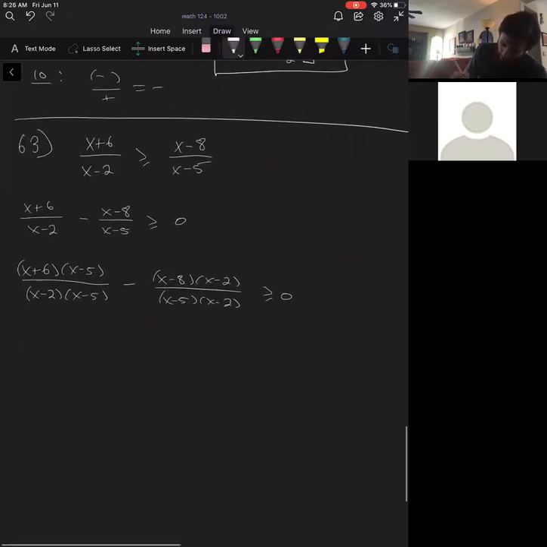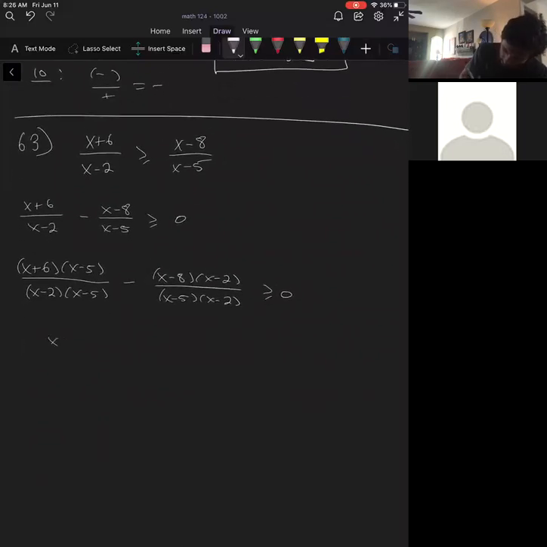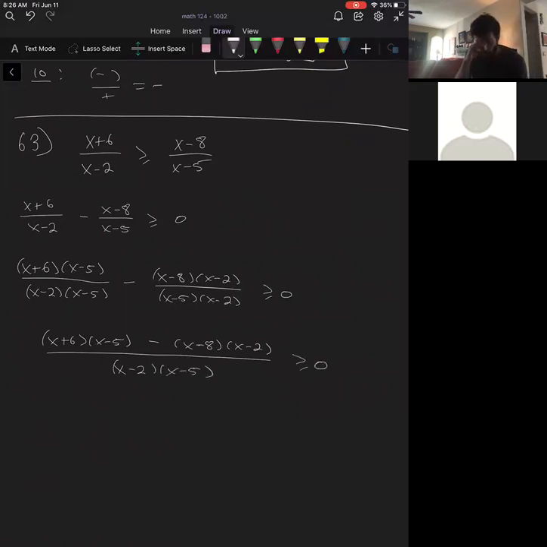So now we can combine the fractions. So we're going to have x plus 6 times x minus 5, minus x minus 8 times x minus 2, all over x minus 2 times x minus 5. The bottom's good because remember we want to find the top zeros and the bottom zeros.